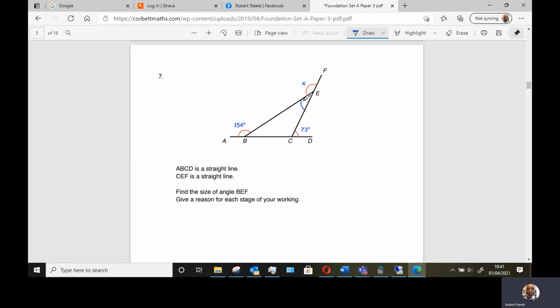But before we can find this angle, we're going to have to find some other angles within the triangle BCE.